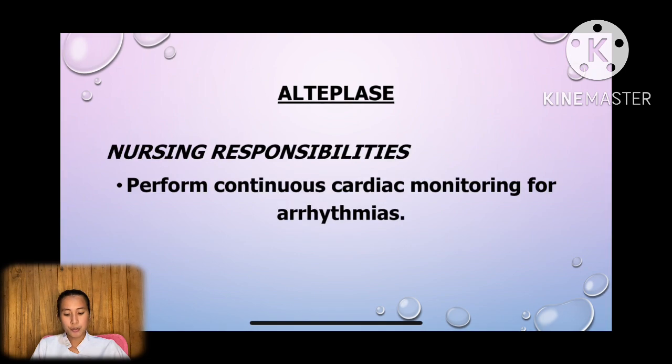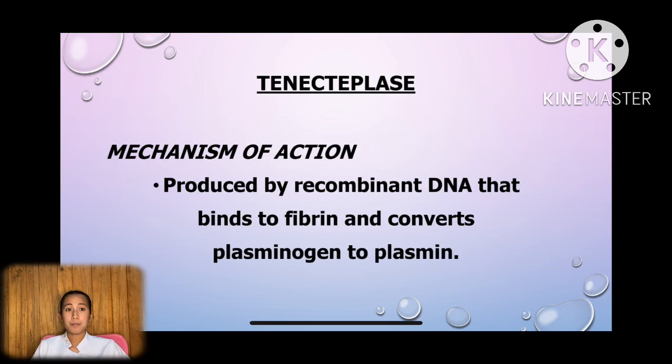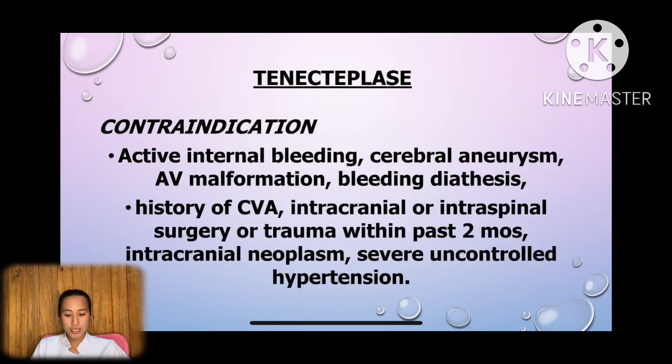Nursing responsibility is perform continuous cardiac monitoring for arrhythmias. So again, let's go to the tenecteplase. Mechanism of action, produced by recombinant DNA that binds to fibrin and converts plasminogen to plasmin. Contraindication, active internal bleeding, cerebral aneurysm, AV malformation, bleeding diathesis, history of CVA, intracranial or intraspinal surgery or trauma within past 2 months, intracranial neoplasm, severe uncontrolled hypertension.